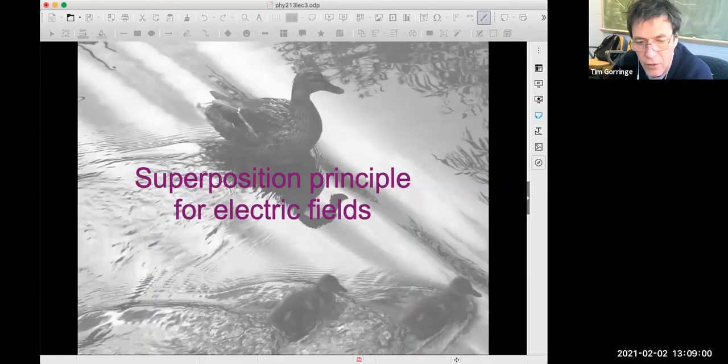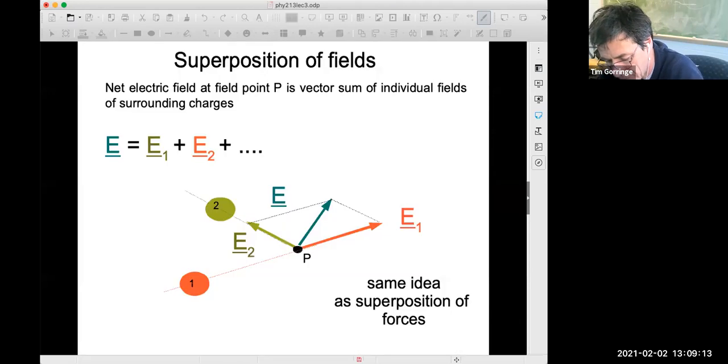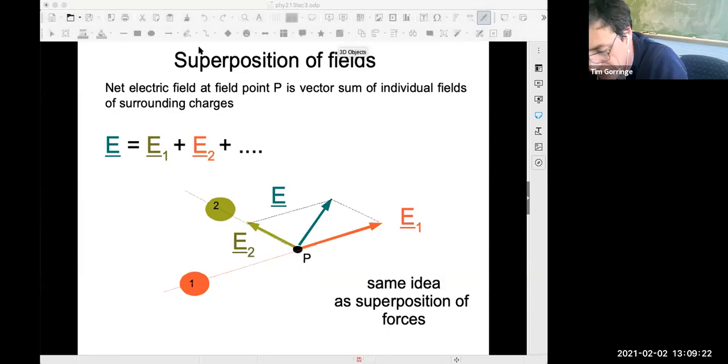Okay, I want to say a little bit about the superposition principle for electrical fields, because if we're going to have collections of point charges, we need to know how to superimpose the electrical fields. And so here's a picture of how this works. It works in the same way as superposition of electrical forces.